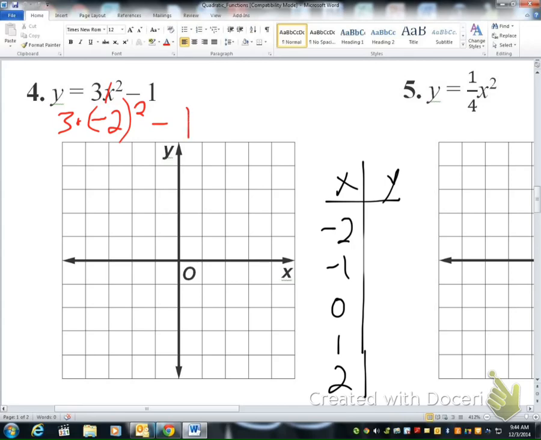What gets done first? The exponents has to get done first. So -2 squared is +4. Then what comes next? Multiplying. So 3 times 4 is 12, and minus 1 is 11. So this is 11, and that one's 11.